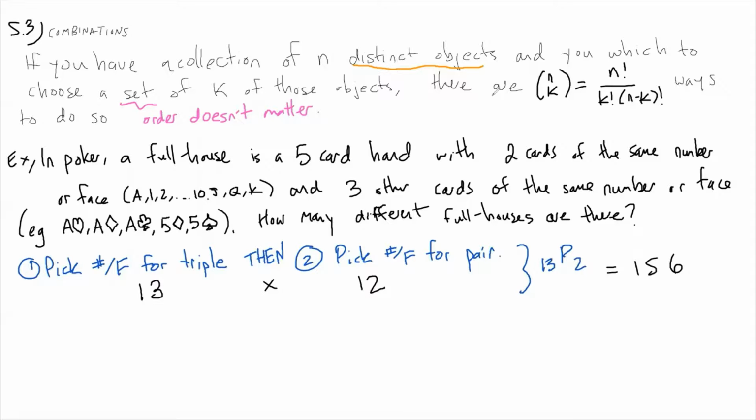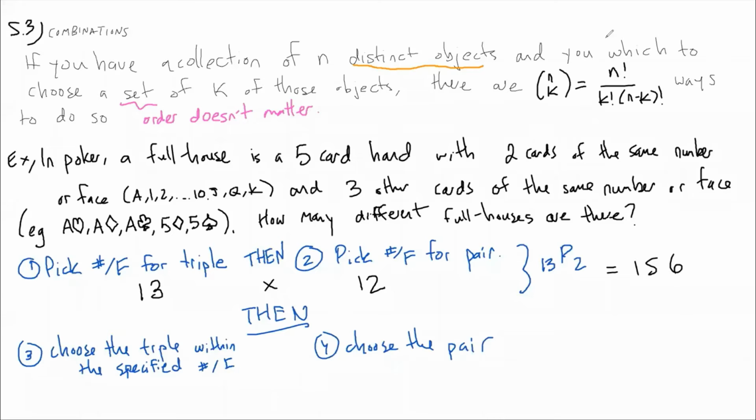Then I'm going to figure out what goes on within the triple and within the pair. And again, it's then I'm doing this thing. After that, I'm going to figure out the arrangements in the triple for that given number. So what we're going to do now is choose the triple within the specified number or face, and then similarly we'll want to choose the pair.